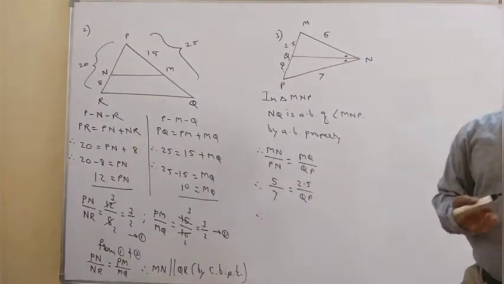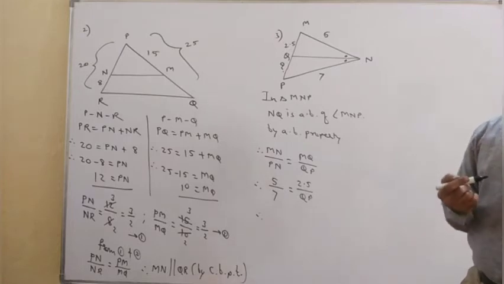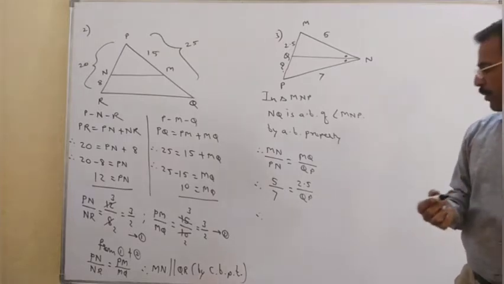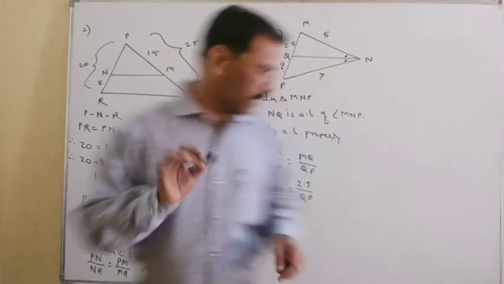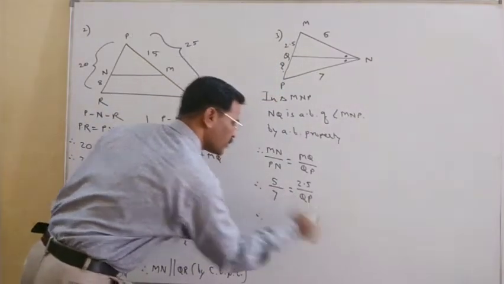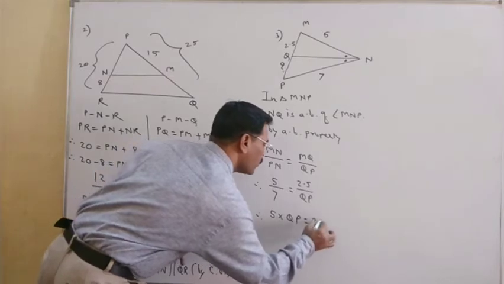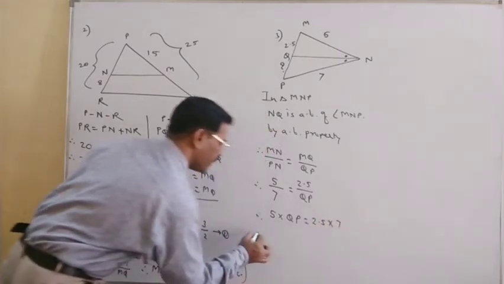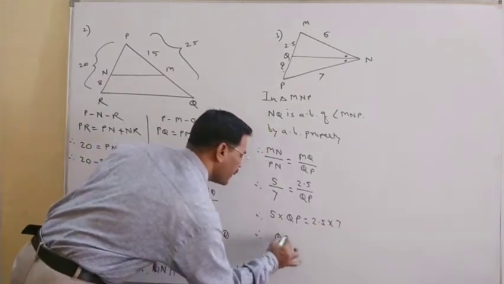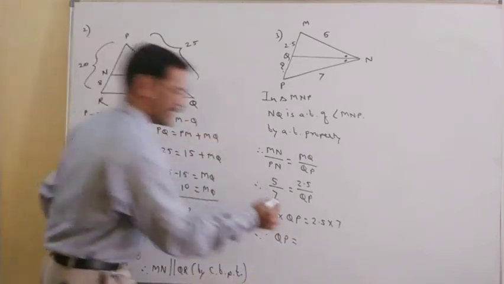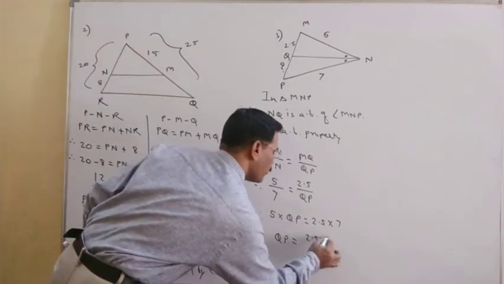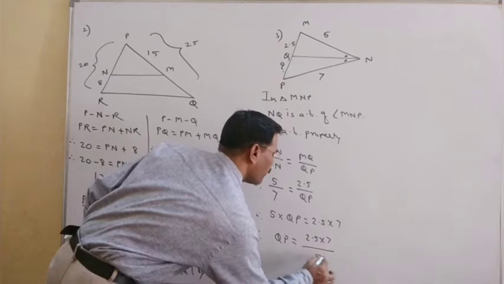Go with cross multiplication and try to find QP. So how can we find that? Just go with cross multiplication. 5 into QP is equal to 2.5 into 7. So we need QP, so take this 5 to that side. Means 2.5 into 7 upon 5.